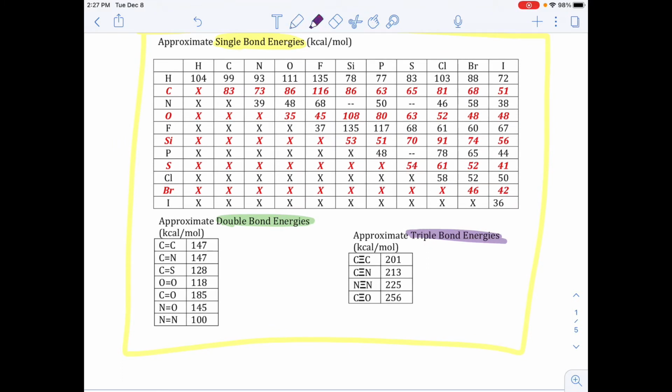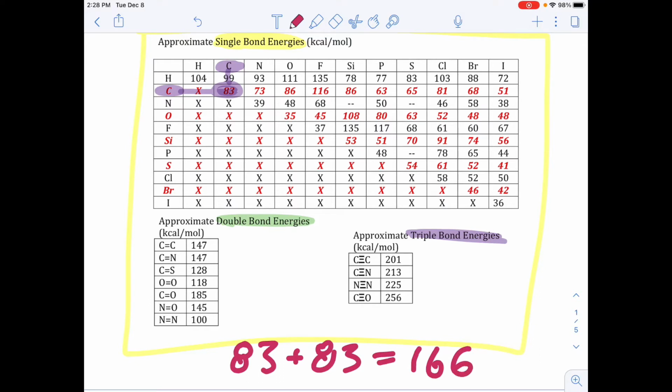If I had a carbon-carbon bond, that puts me at 83 kilocalories per mole. If I have 2 of those bonds, it's 83 plus 83, sorry, let me fix my math here, which equals 166 kilocalories per mole.